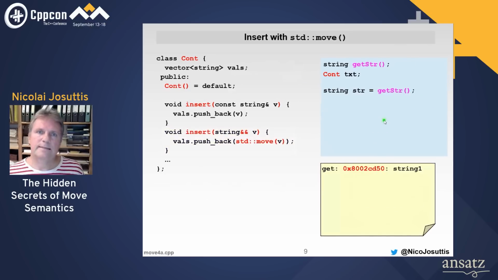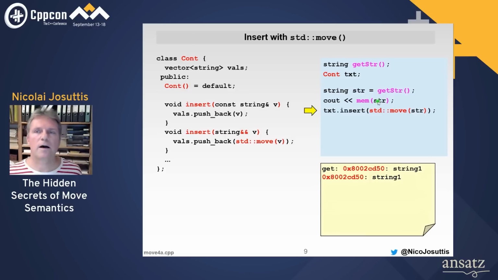Let's see some examples where we need a move. For example, here, if your object has a name, so if it's a parameter, for example, you need move to move it somewhere. But this is not the only case. If you need it twice, like here, let's print the value out with its memory, and then let's move it in.